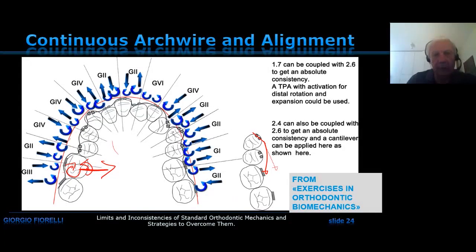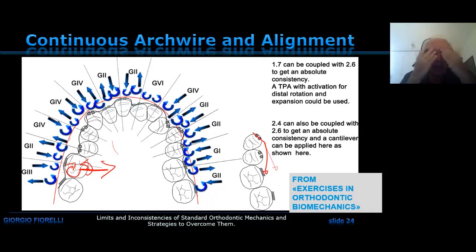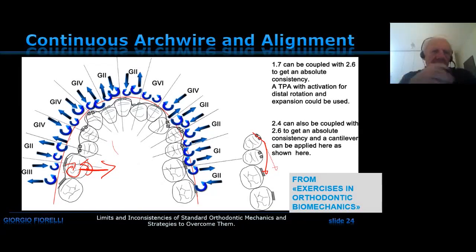So we have to be very careful. In conditions like this one, if you just use a superelastic wire engaged in all the brackets, your capability of predicting the movement is very, very low. What you know is that at the end of the work of the alignment wire, the teeth will be aligned somehow, but you don't know exactly the forces that you have applied, or the absolute position the teeth will have.